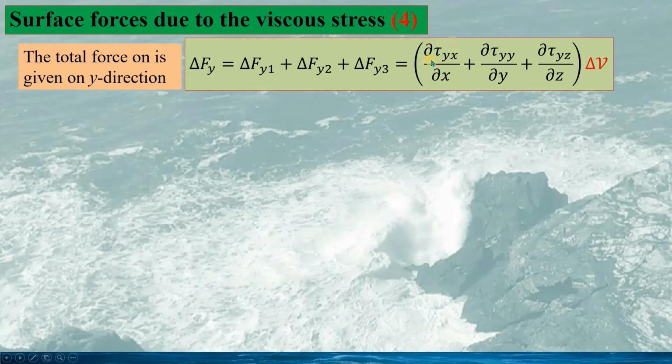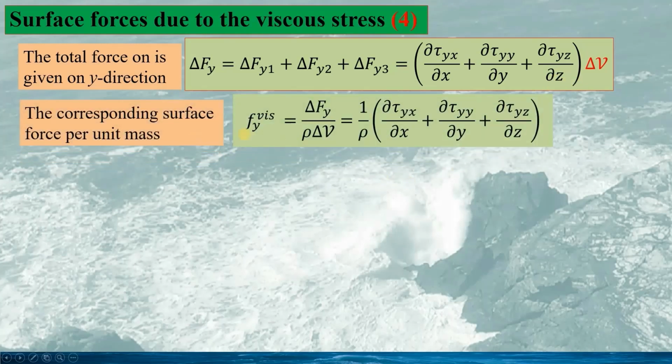The partial differentiations would be the tensor component tau yx with regard to x, tau yy with regard to y, and tau yz with regard to z. And the corresponding surface force in the y direction per unit mass would be given as delta Fy divided by rho delta V. So we have the surface force per unit mass in the y direction given as this.